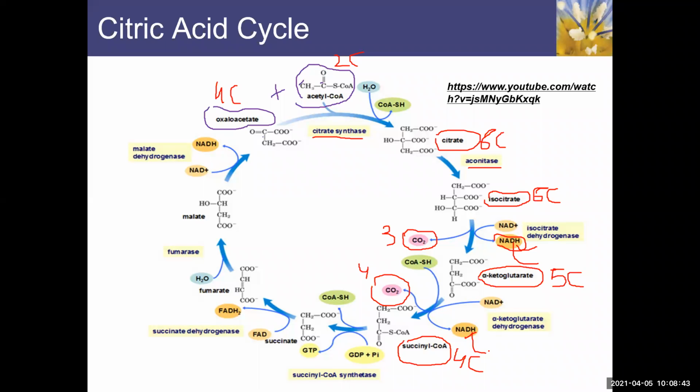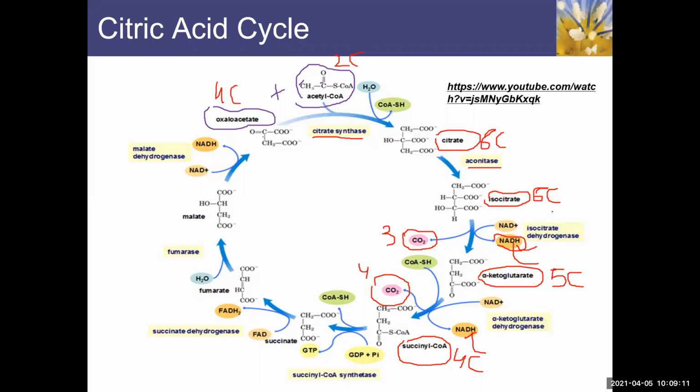So, just a quick recapitulation of what we said. We had a 4 carbon compound called oxaloacetate, which condensed with the 2 carbon compound acetyl-CoA in the presence of the enzyme citrate synthetase, and we got a 6 carbon compound called citrate. Then the citrate was converted into isocitrate. It was just an isomerization reaction in the presence of the enzyme aconitase.